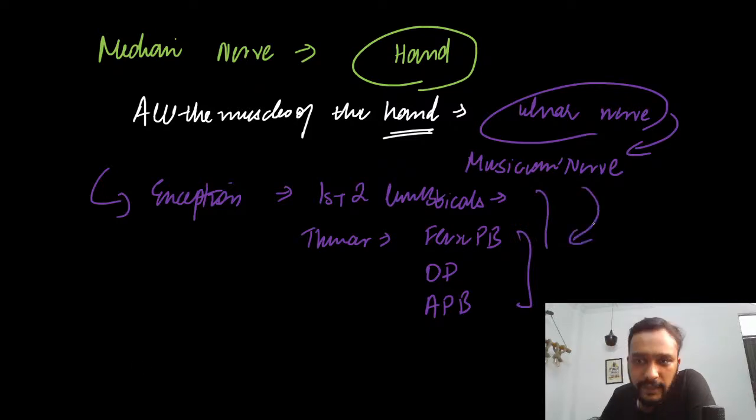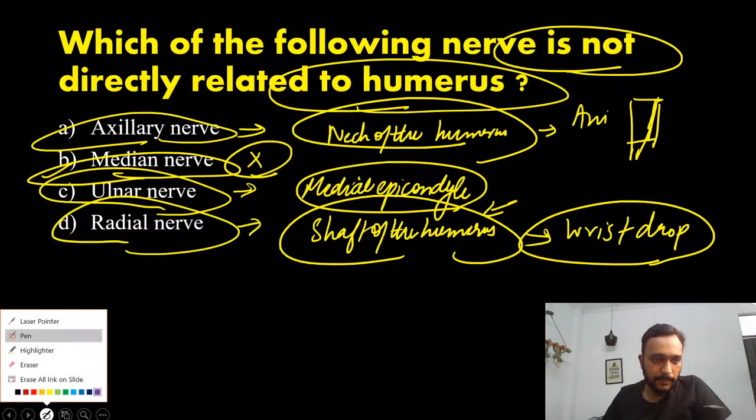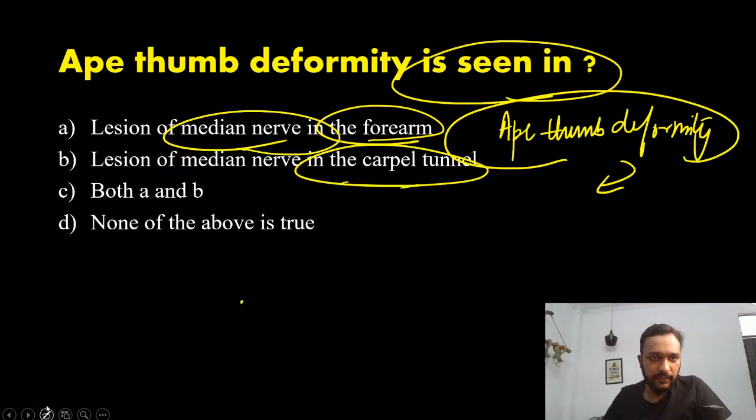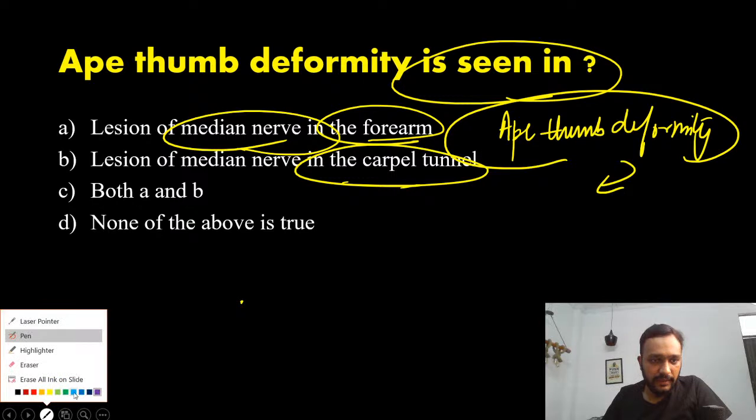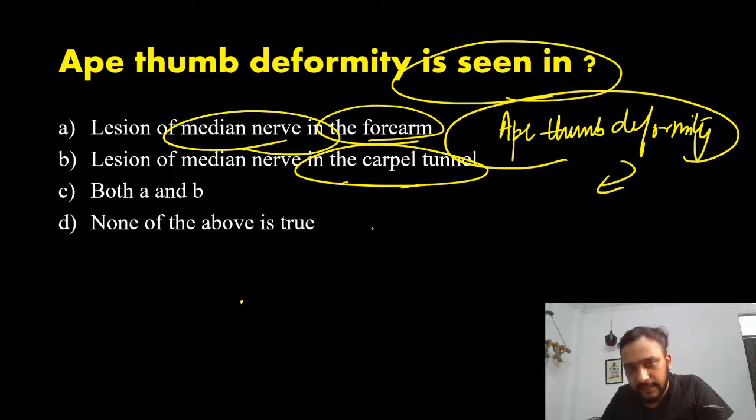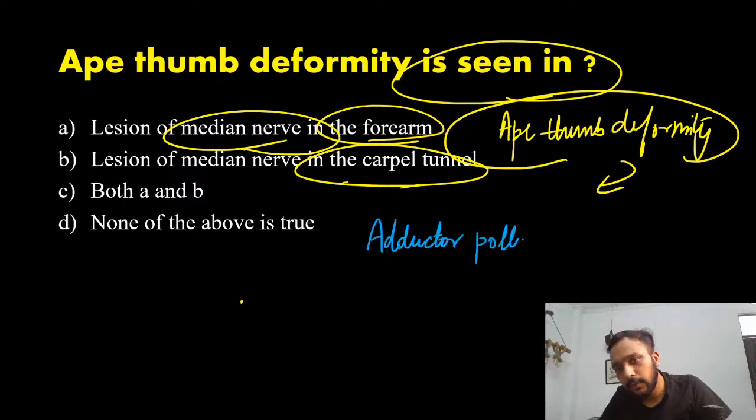Okay, so guys, one muscle of the thenar eminence which is not supplied by the median nerve is your adductor pollicis. It is not supplied by the median nerve, right?